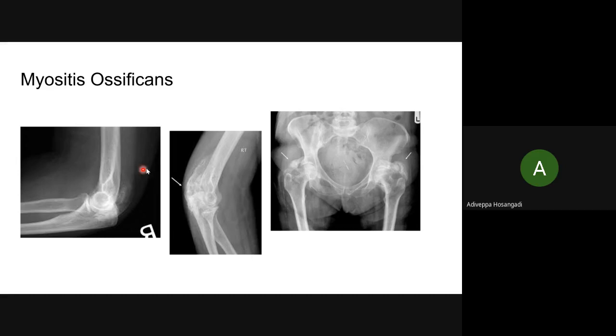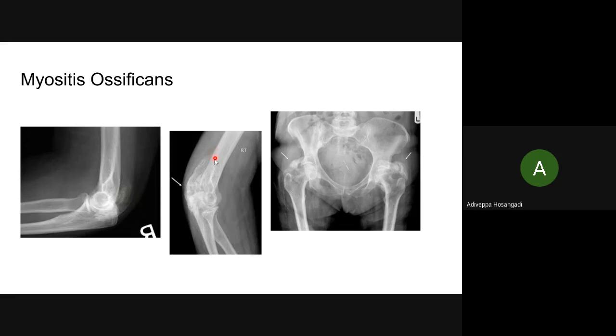If you see such an X-ray, you can get confused with osteosarcoma. But this is not a periosteal reaction. There is a gap between the abnormal ossification shadow and the normal cortex, a clear cut gap.